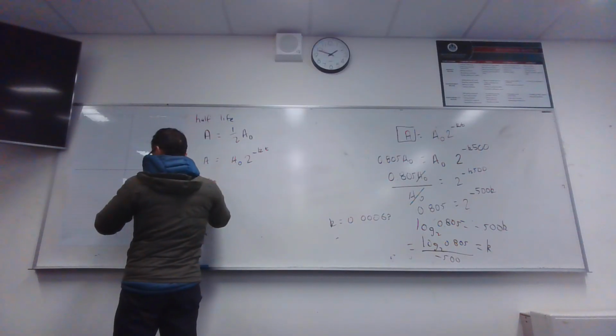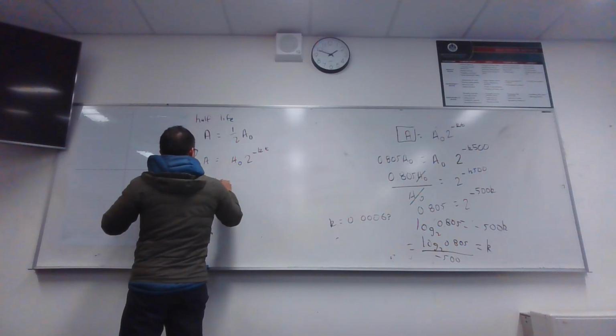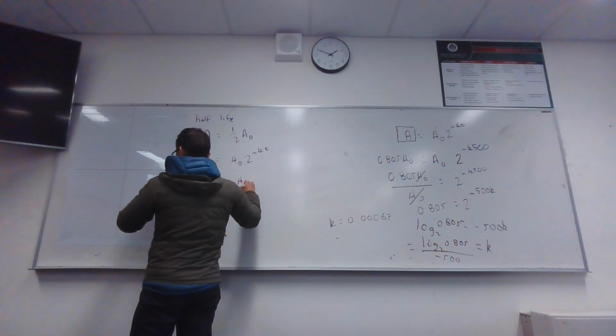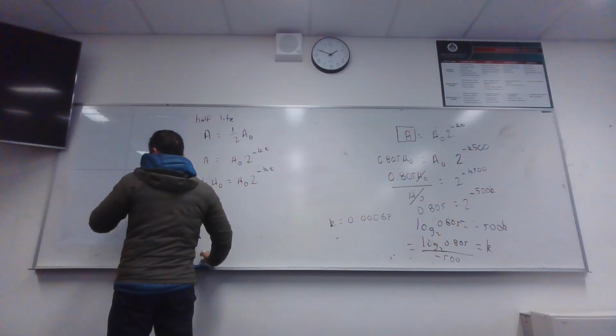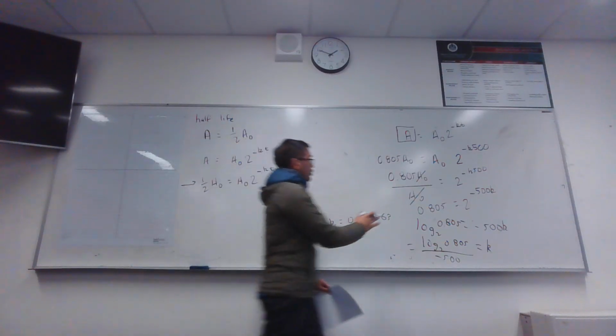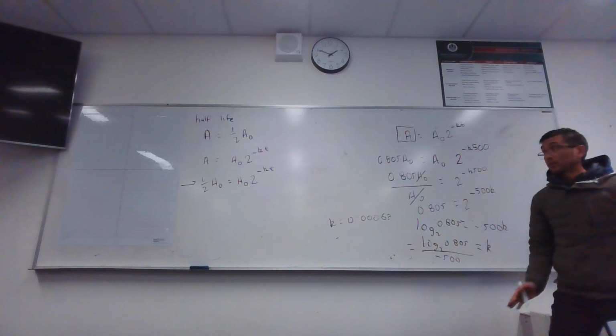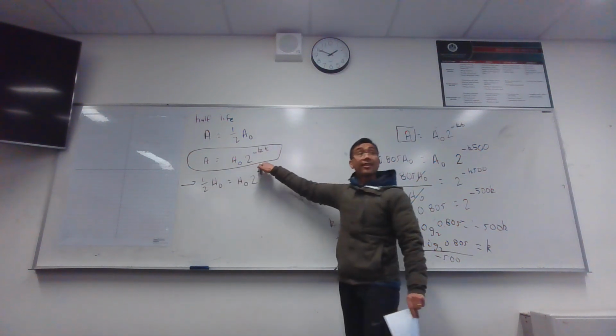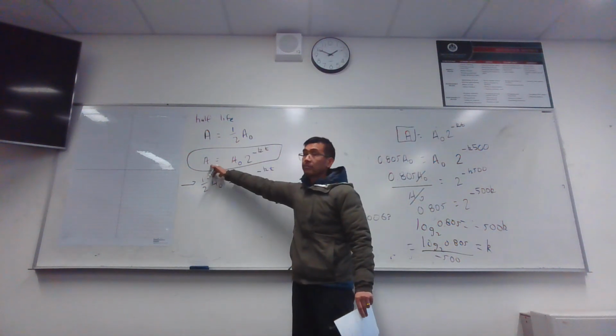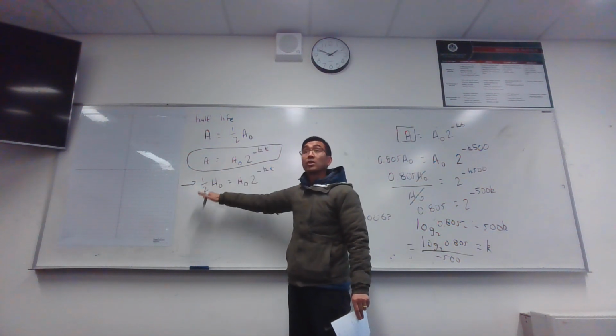This will make sense in a second. I think it's best if we start here. It's similar to what we've got over here when we found K. Now, we started off with that, but we're replacing the amount that we want with a half-life.